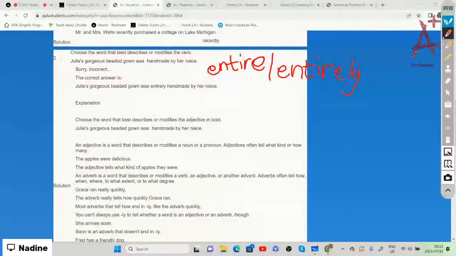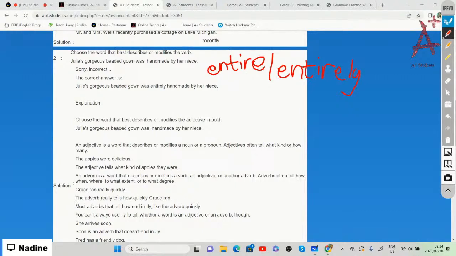We need to choose the word that best describes or modifies the verb. Is it entire or entirely? Julie's gorgeous beaded gown was entire handmade by her niece, or entirely handmade by her niece.